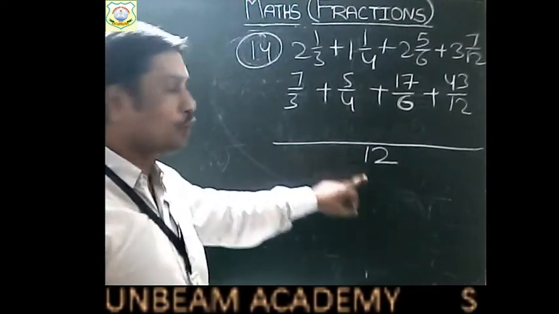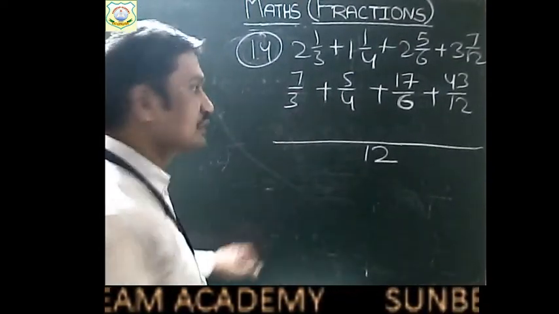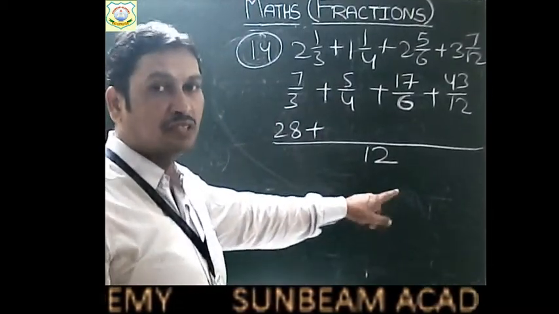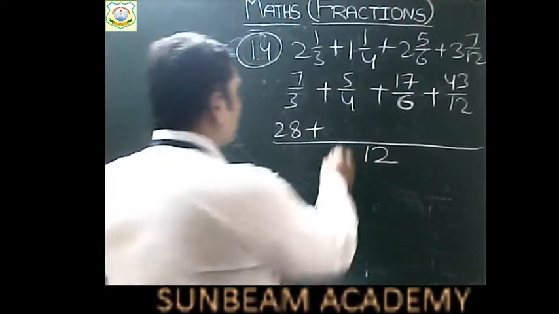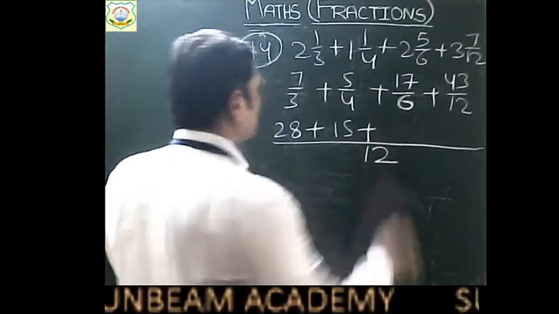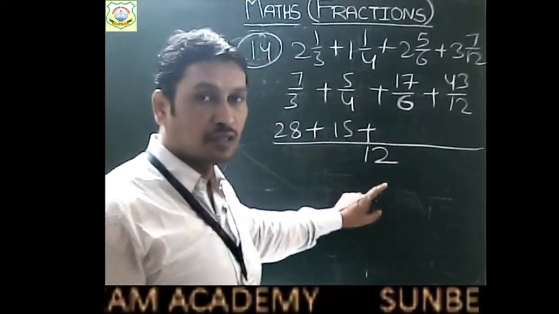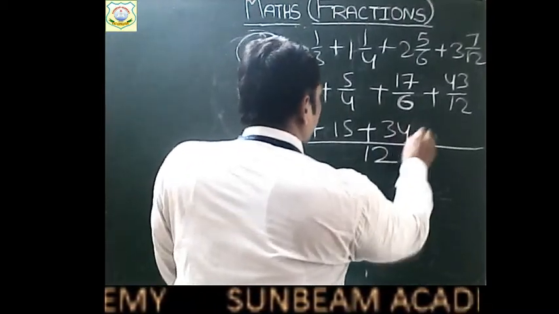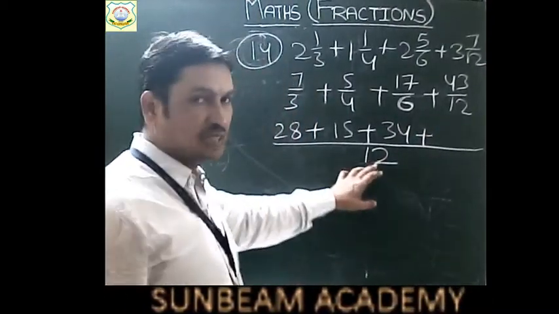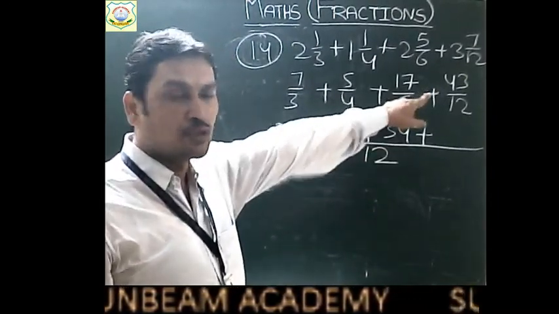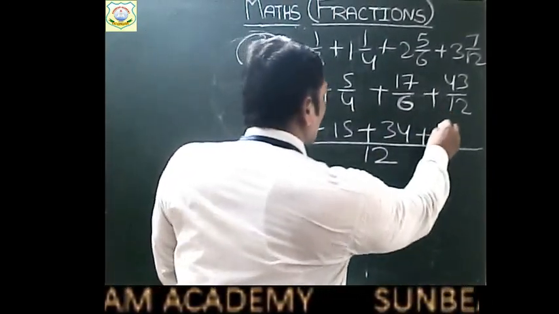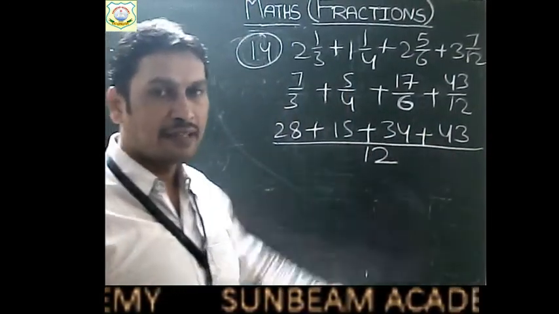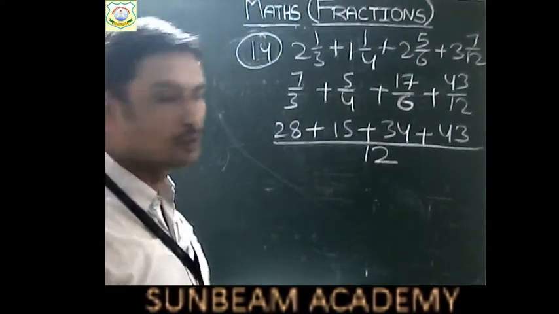Okay, so 3 fours are 12, 4 will come, 4 times 7 is 28, plus 4 threes are 12, 3 will come and 3 times 5 is 15, plus 6 twos are 12, 2 will come and 2 into 17 will give 34 and plus 12 ones are 12, 1 will come and 1 into 43 will become 43. Now, children, add all of these 4 numerators.